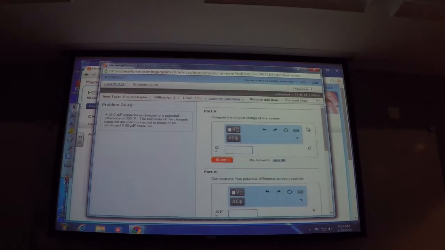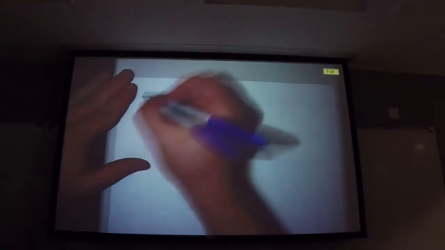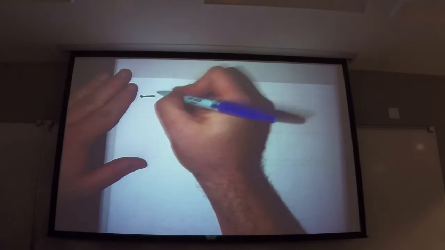Okay, so instead of just doing that one calculation, why don't we do the whole calculation for the initial part? So we know what the voltage is, we can calculate the charge, and we'll calculate the energy stored on that capacitor. So what happens is I connect this to a potential difference of 900 volts.